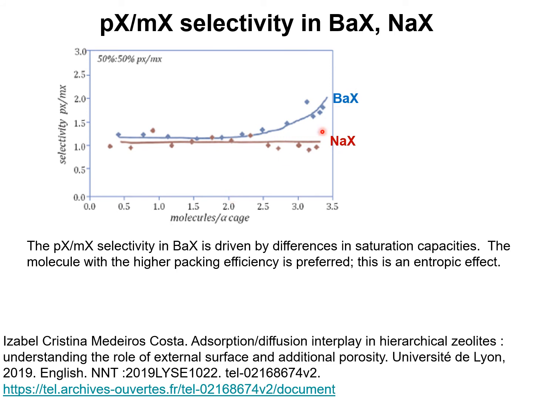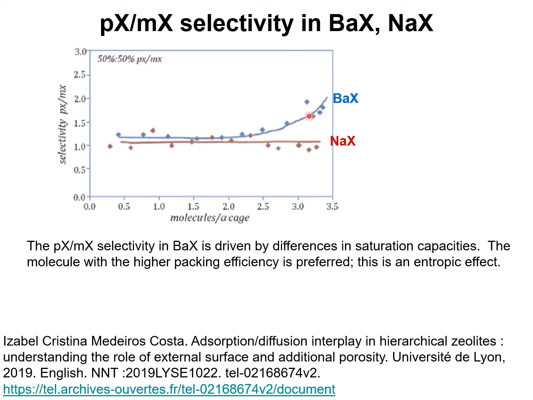For Barium-X zeolite, the selectivity increases in favor of the para-isomer as the loading is increased beyond 2.